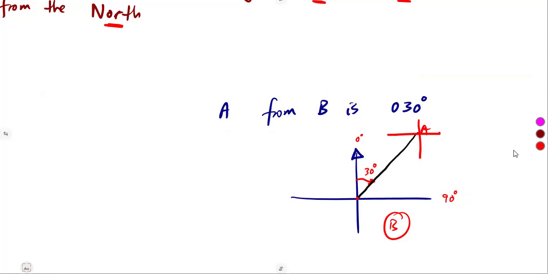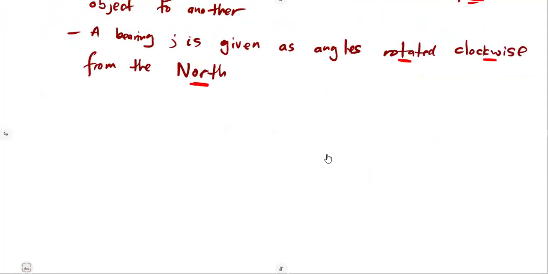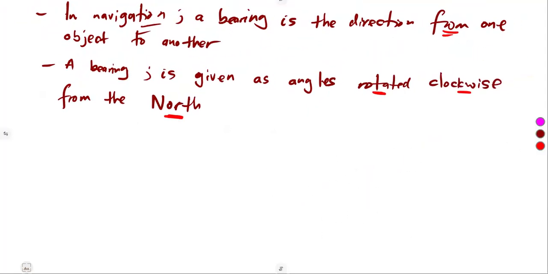So that is the idea of the bearing. I'm going to explain later the relationship of these two North Poles, the one at A and the one at B.